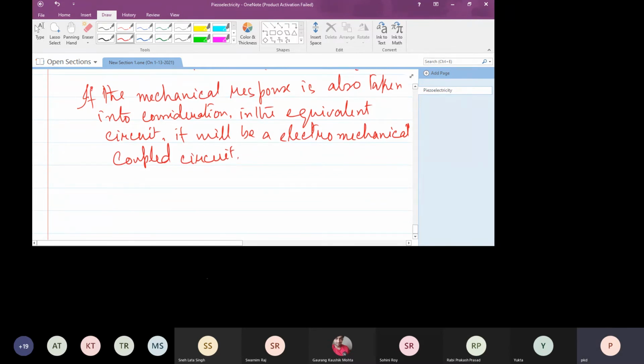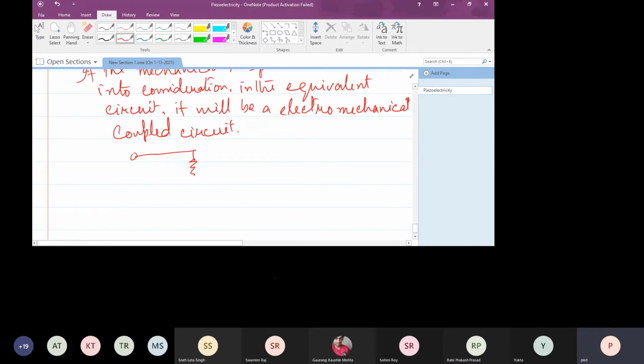That can be represented with analogous electrical parameters R, L and C, the mechanical.